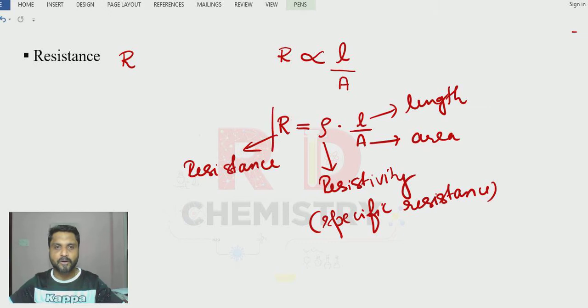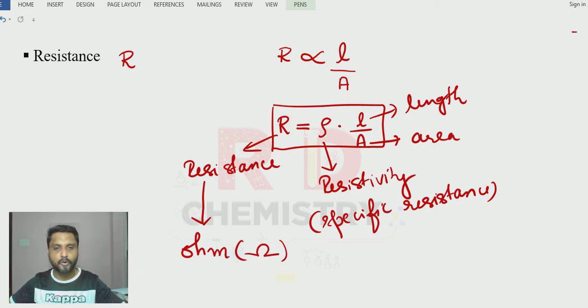So we can calculate the resistance using this formula, right? Now, what is the unit of resistance? The unit of resistance is ohm, with the symbol omega.